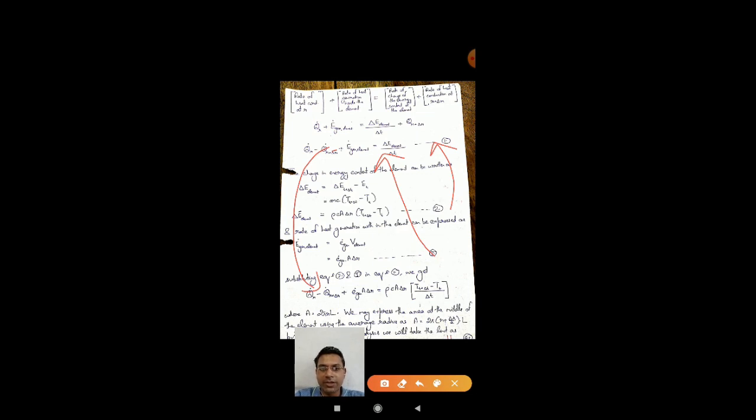Now compare the equation I have just obtained with the large plane wall equation. The equation is almost the same, or you can say delta x is replaced by delta r.